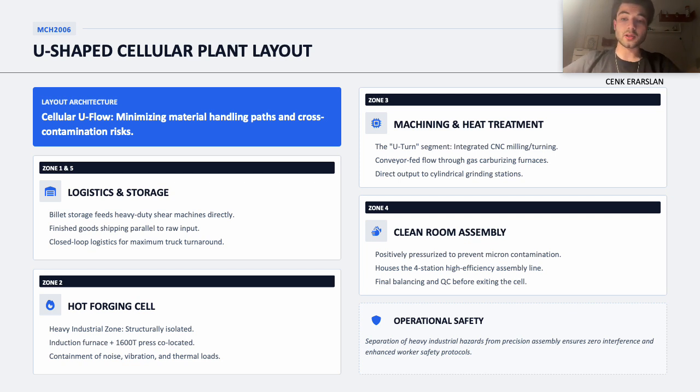At third, the material flows into machining and heat treatment for final shaping. And then fourth, the parts enter the clean room assembly for pressurized precision fitting. And finally, all of this is governed by strict operational safety to separate industrial hazards from precision zones.